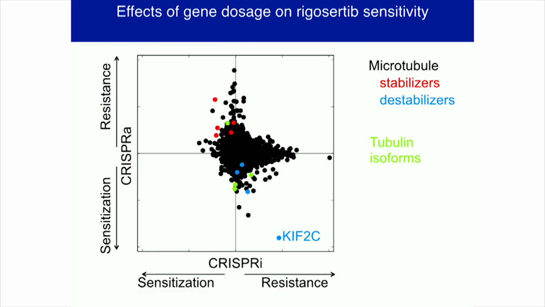And here, overexpression of KIF2C sensitized the cells to Rigo, and knockdown of KIF2C conferred resistance. And what Marvin Tannenbaum and Ron Vale's lab noticed was that in addition to KIF2C, several other CRISPR-A hits were microtubule destabilizers, and several of the CRISPR-A hits as resistance mechanisms were stabilizers.